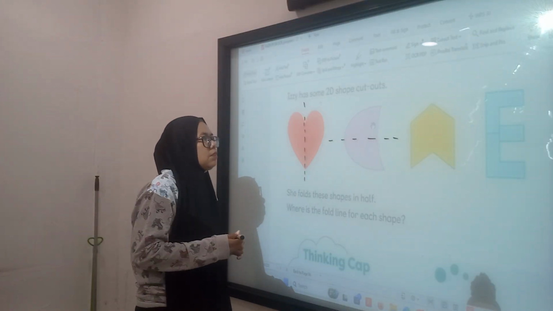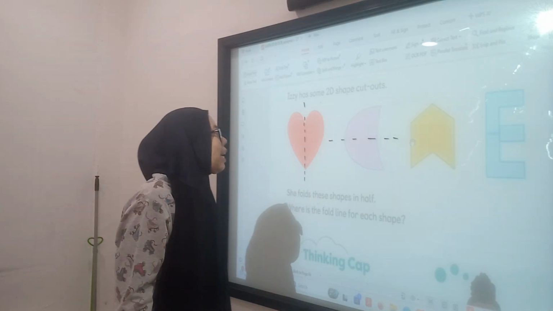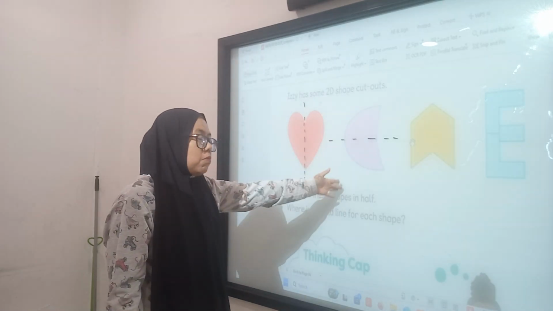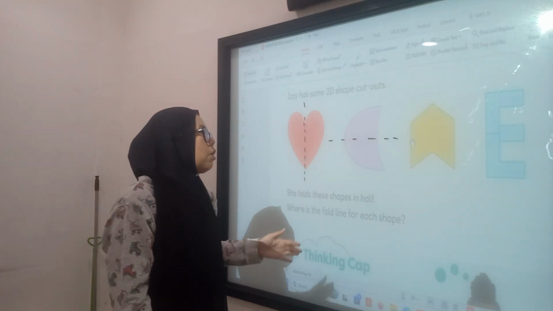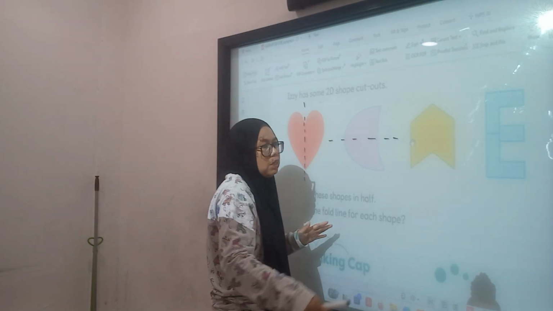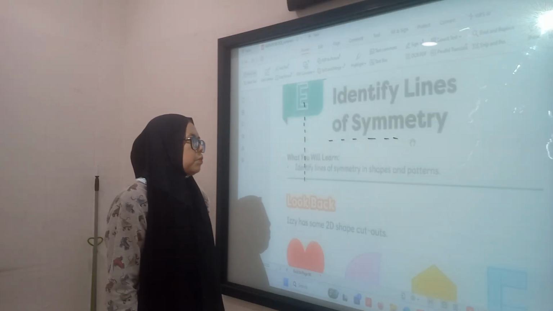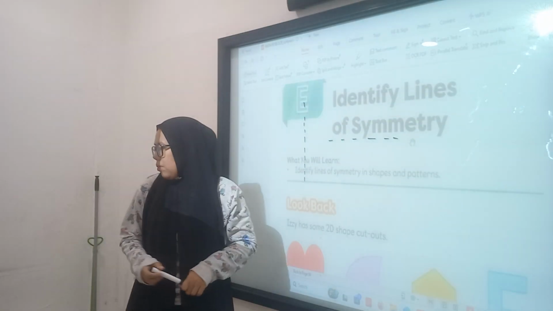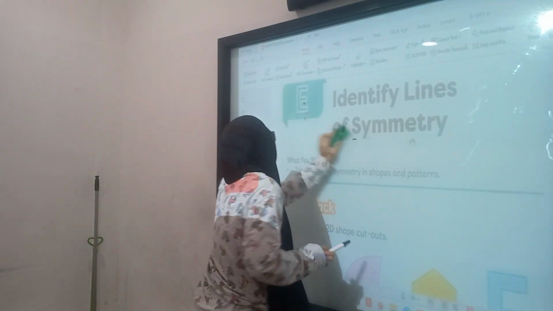Yes, and some shapes actually have more than one symmetry line. So that's why I try to make the line of symmetry on the horizontal or vertical. I think the concept of line of symmetry is clear. Now we move to the terms.